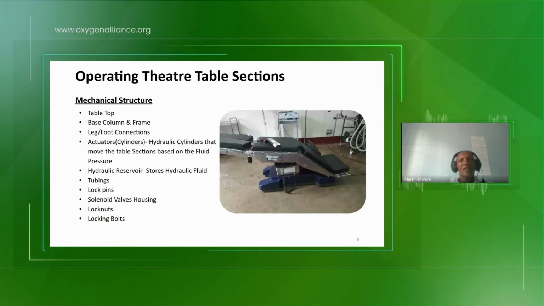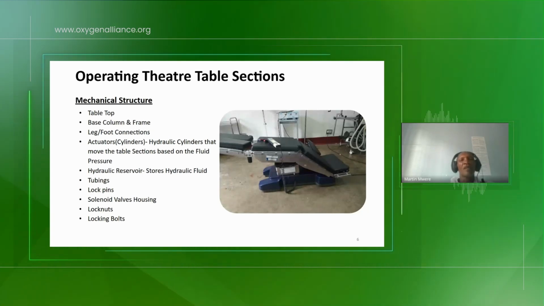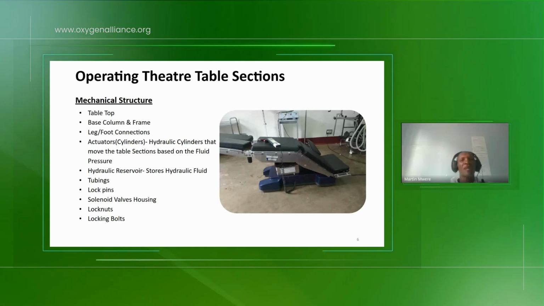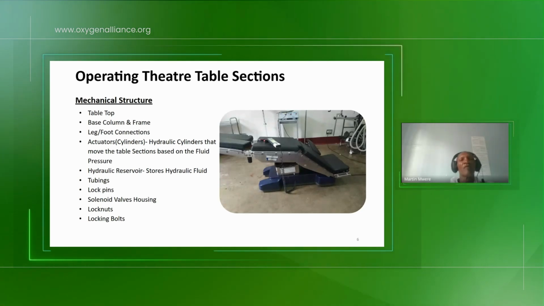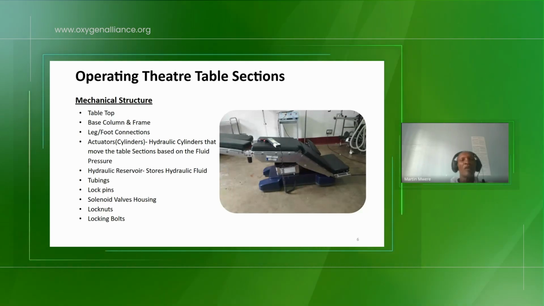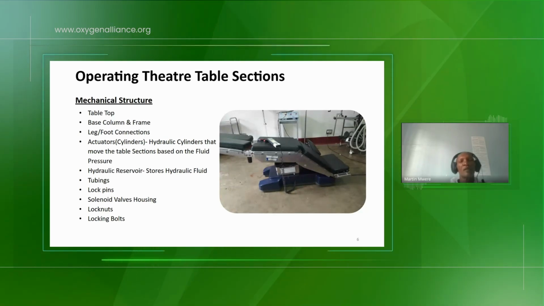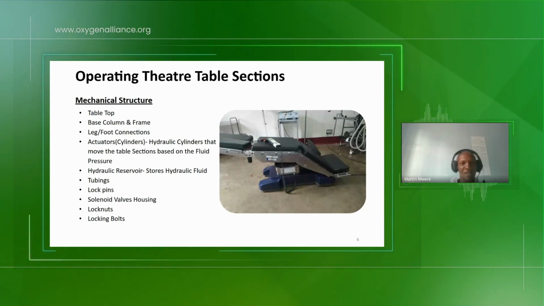The operating theater table has different sections, and we are going to start with the mechanical structure. Within that mechanical structure, we have the table top. We have the base column and the frame, as you can see. We have the leg and the foot connections. We have the actuators. We'll be able to see the inside of the chair.